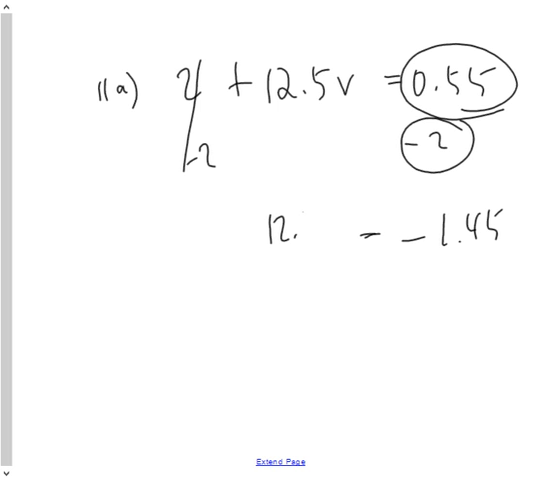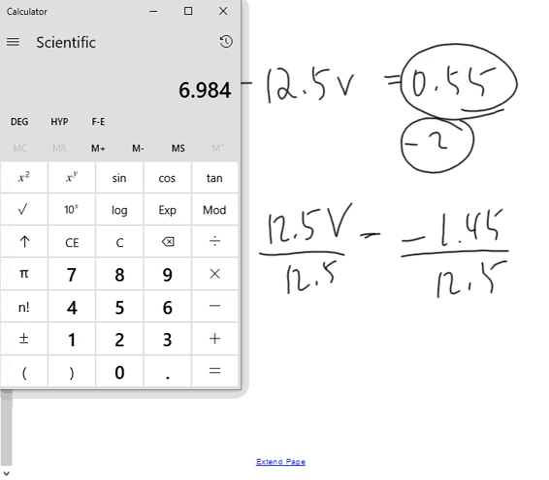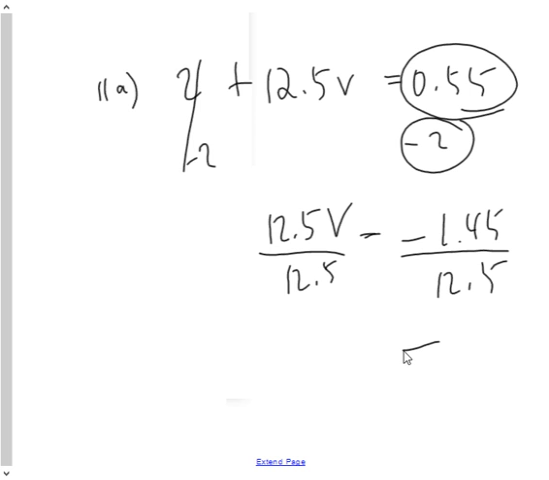So you end up with 12.5 V equals that. Divide both sides by your coefficient. When you grab your calculator and go 1.45 divided by 12.5 and press the equals button, remember, it's a negative divided by a positive, so it's going to be a negative 0.116 equals V.